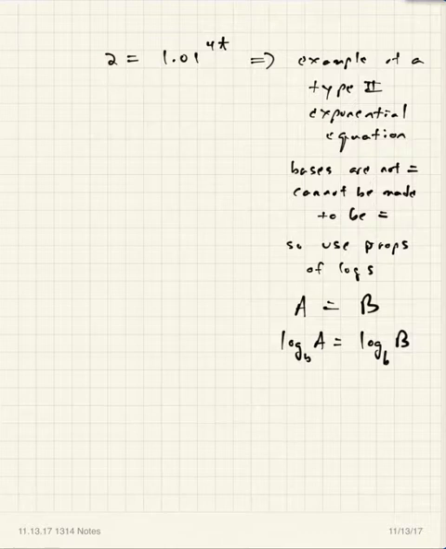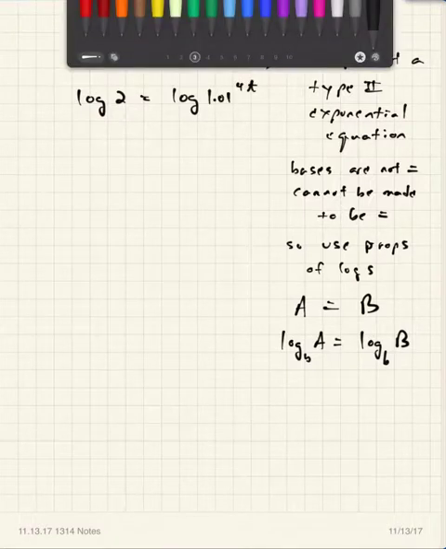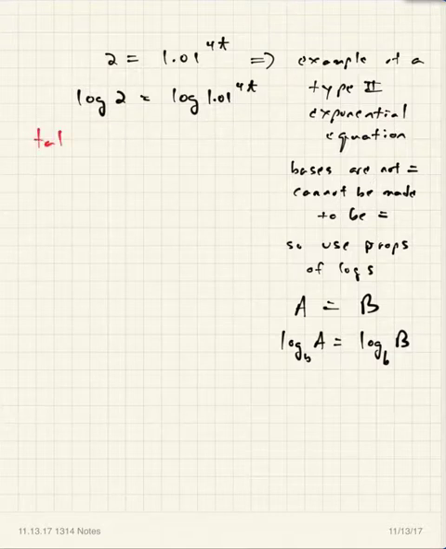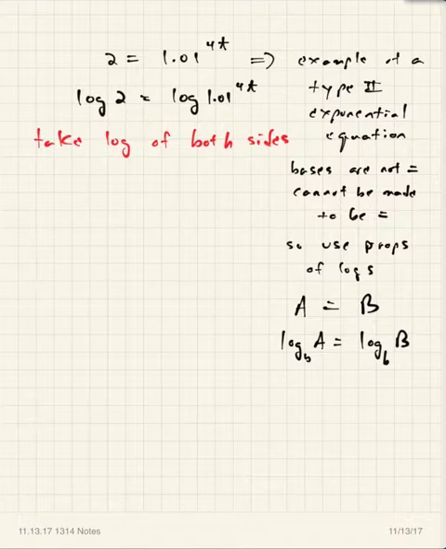So 2 is equal to 1.01 to the 4t. So it must be true that the logarithm of 2 is equal to the logarithm of 1.01 to the 4t. So what I'm doing here is I take the log of both sides of the equation. Now notice the logarithm I'm using here is a base 10 logarithm because I use just log without writing a base down.